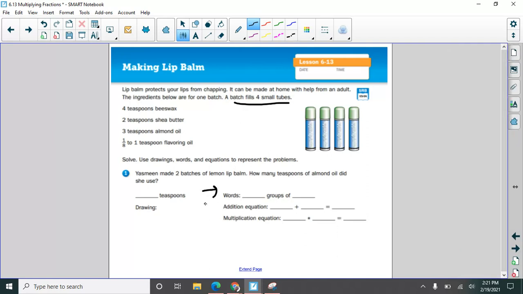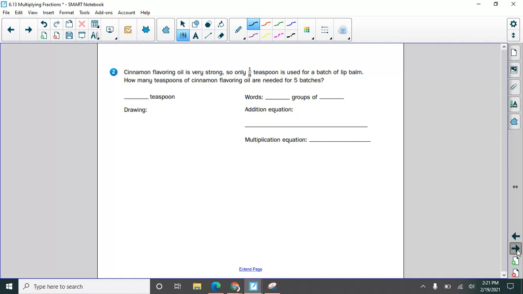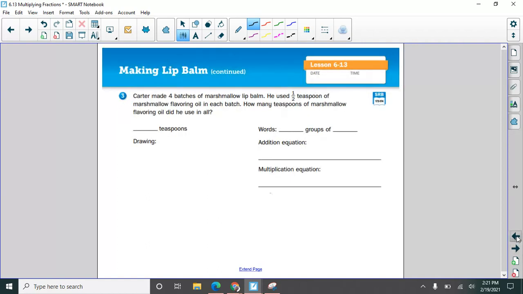Then you're going to write an adding equation and a multiplying equation and draw a picture. So you've got different ways to represent that. That's why I'm going to assign only number 1 and number 2 and number 3. Okay, number 1, 2, and 3 are the ones you're going to work on.